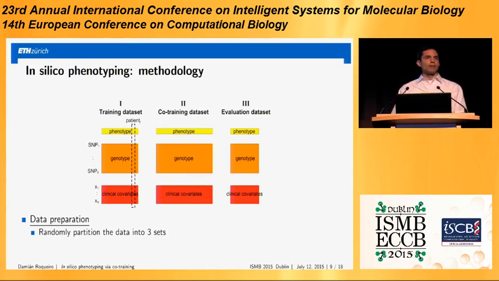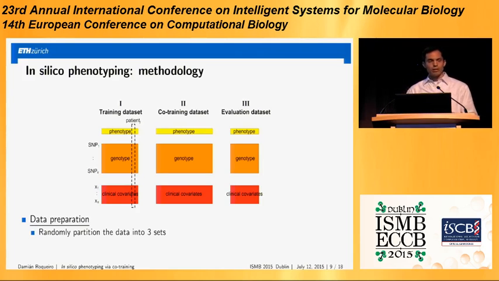So let me summarize how our methodology works in this sequence of slides. The first step is what we call data preparation. We have this large migraine data set that we randomly partitioned into 3 sets, namely a training set, a co-training set, and an evaluation set. We also refer to them as Roman numerals 1, 2, and 3.